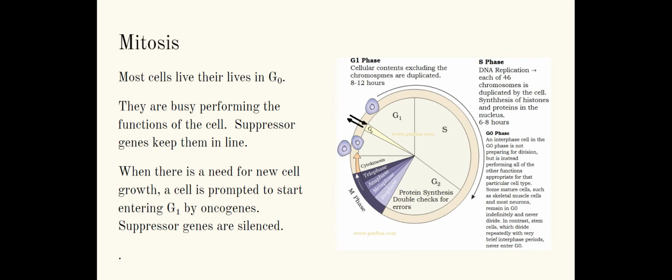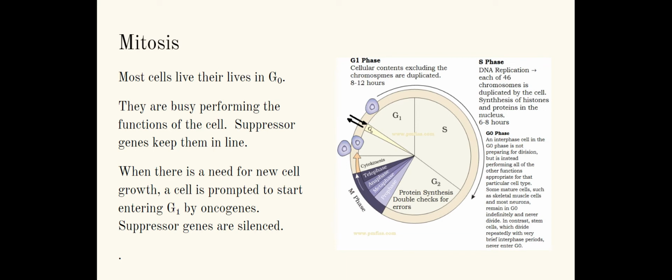Most cells live their lives in G0, okay, right here. They're busy performing the functions of their cell. If they're a cell that produces mucus, that's what they're doing. If they're a cell that secretes a hormone or an enzyme, that's what they're doing. They're living their lives as cells.